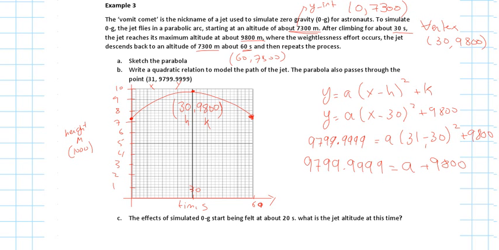And I'm going to end up with negative 0.001 equals a. Now, because my a is negative 0.001, I'm going to have to replace a with it. And that is my equation.